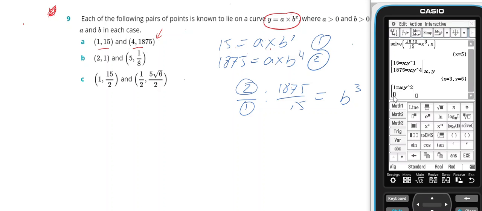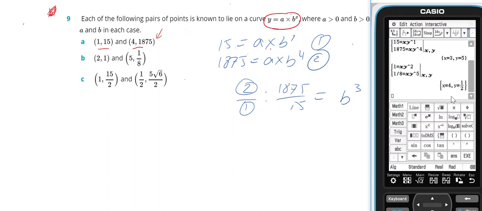When y is 1 divided by 8, x is 5, so y to the power 5, and you're solving for x comma y.